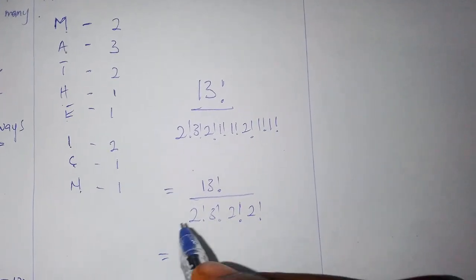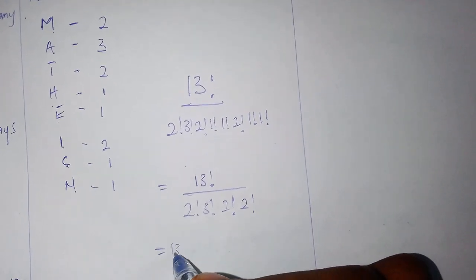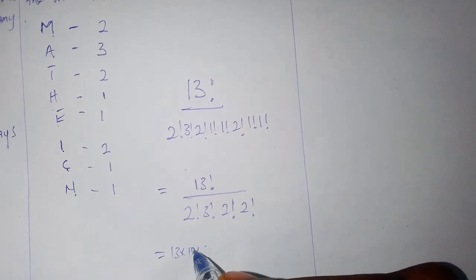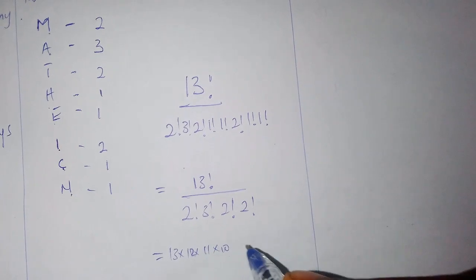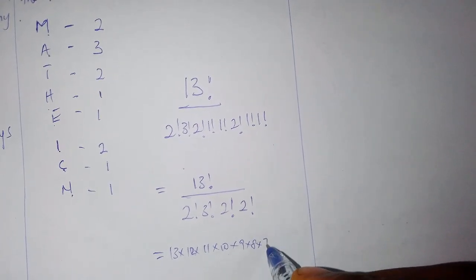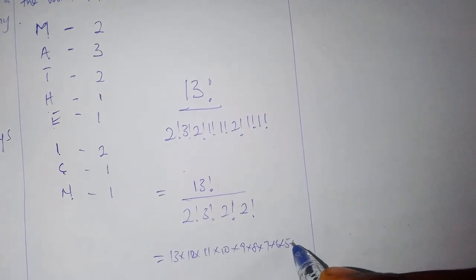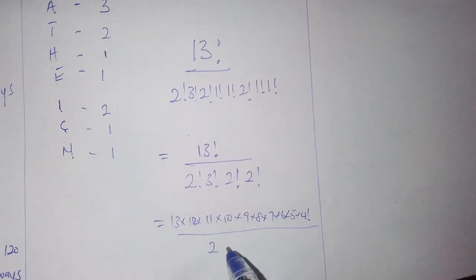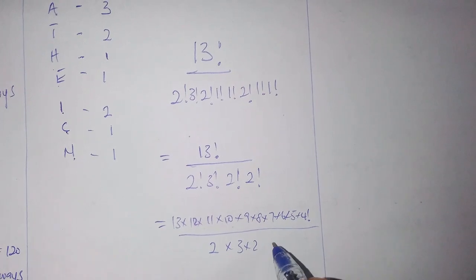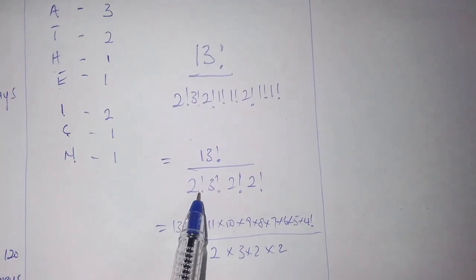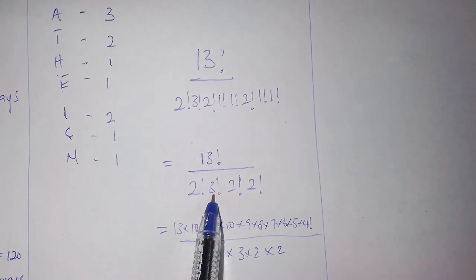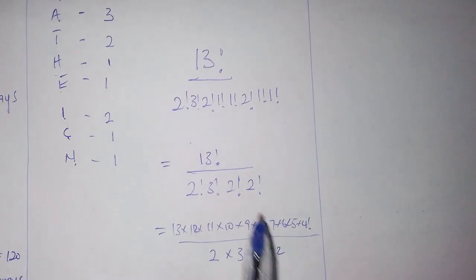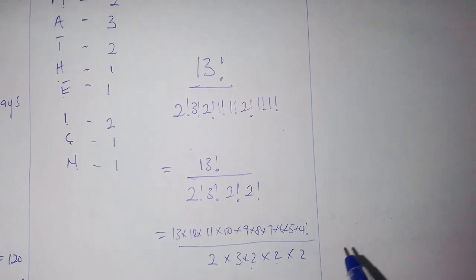Now, what does this mean? It means you should expand and then solve. That is 13 times 12 times 11 times 10 times 9 times 8 times 7 times 6 times 5 times 4 factorial, over 2 times 3 times 2 times 2. How? 2 factorial is 2 times 1, which is 2. 3 factorial is 3 times 2, which is 6. 2 factorial is 2, and the other 2 factorial is 2.